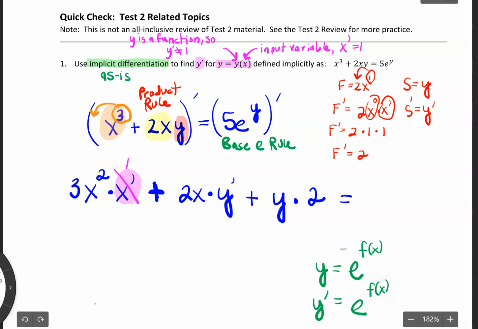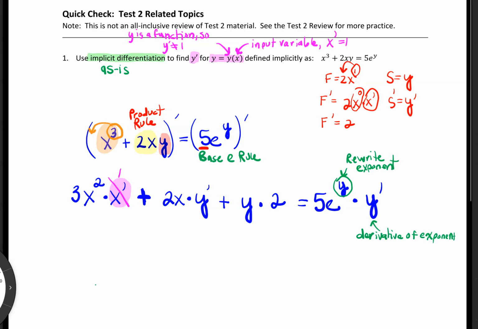You just rewrite exactly what you saw there, but then you tack on the derivative of that exponent. And if there's a coefficient in front of your base e, it just goes along for the ride. Here I have a coefficient of 5 in front of my base e, so it's just going to carry down into my derivative. So when I take the derivative of 5e to the y, it's just 5e to the y. But then I have to tack on the derivative of that exponent. So that's y prime.